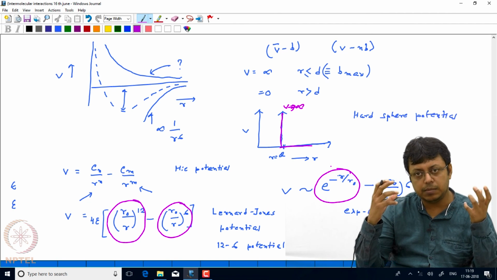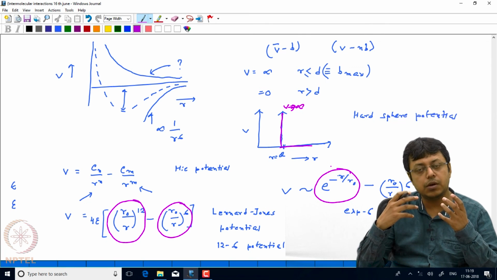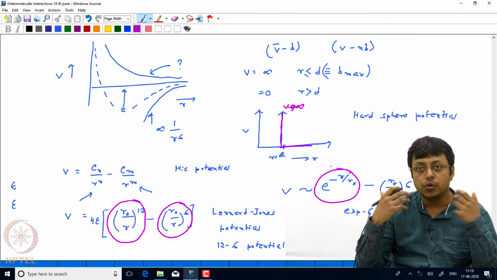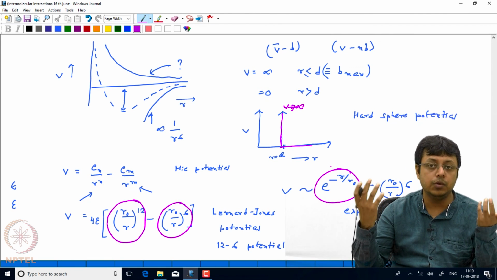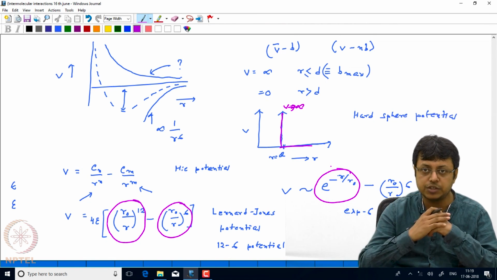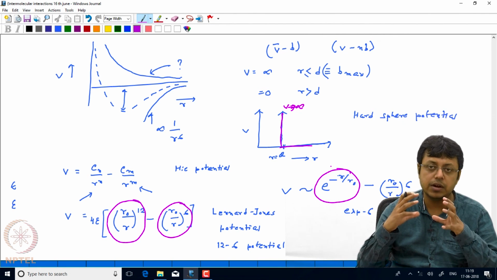There must be some attractive interaction between the molecules, and it depends on how you are modeling the molecule. The molecule can have a permanent dipole moment, so then it is a dipole-dipole interaction which will dominate, for example, in liquid water, because each molecule of water has a permanent dipole moment. But then we also did the orientational averaging, and we found that the interaction goes as 1 over r to the power 6.